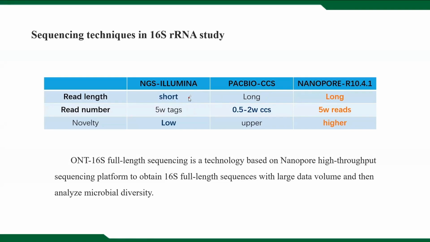PacBio sequencing, on the other hand, offers long read length but is expensive, resulting in a low number of reads for analysis. Nanopore full-length 16S sequencing is based on the Oxford Nanopore sequencing platform, which enables acquisition of large amounts of full-length 16S rRNA sequences for microbiome diversity analysis. Nanopore sequencing is relatively novel and cost-effective.